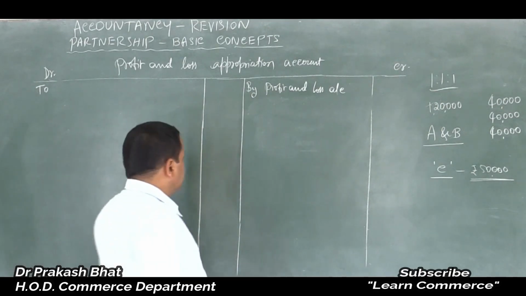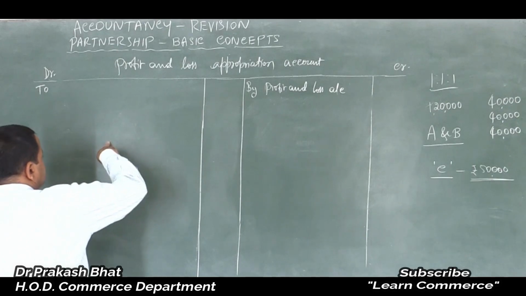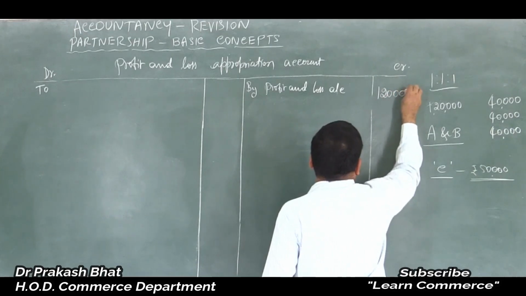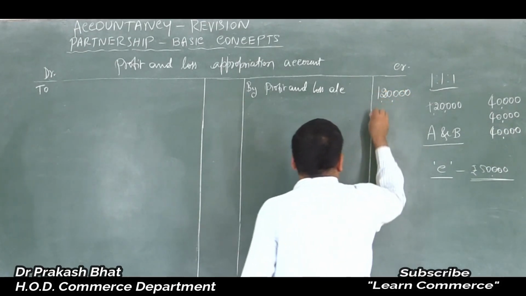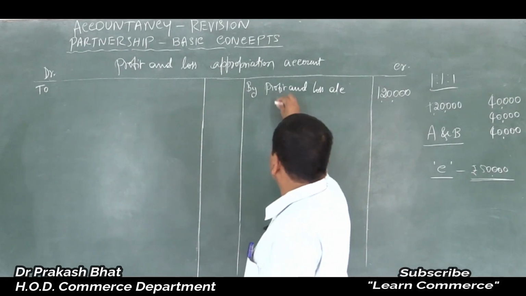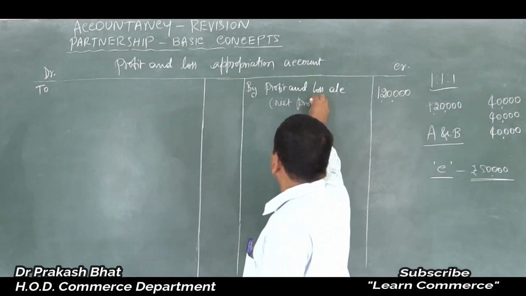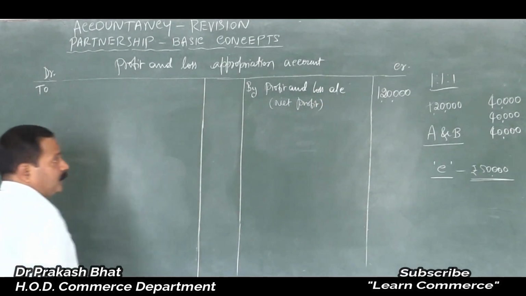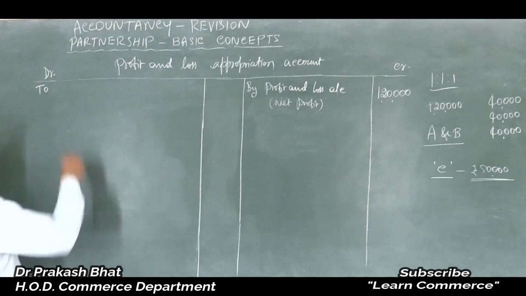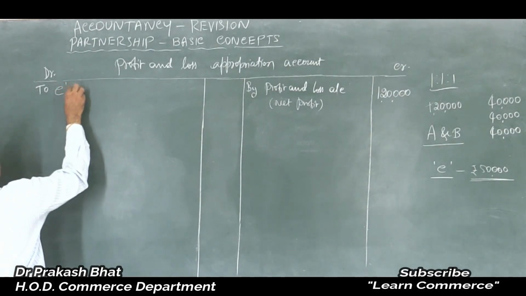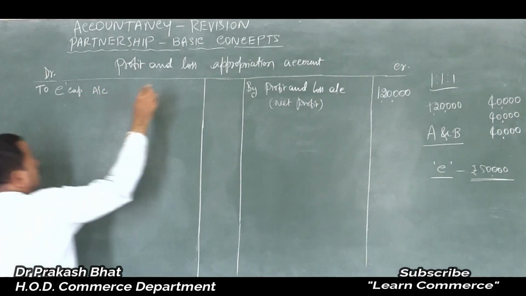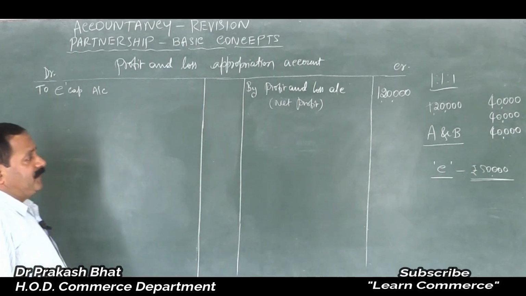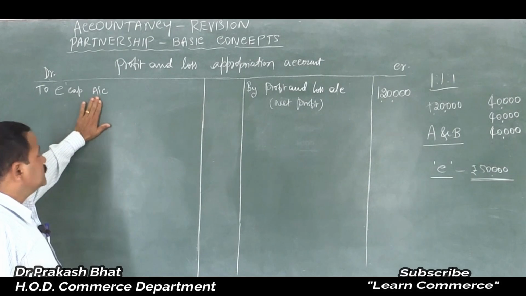So what we have to do here is, we have to provide by the profit and loss account 1,20,000 net profit after all adjustments. Now, we have to provide to Mr. C's capital account 50,000.